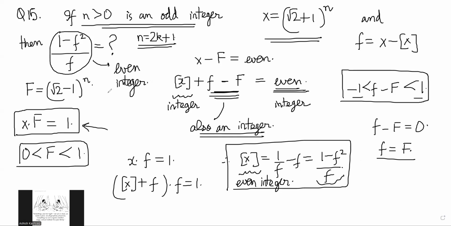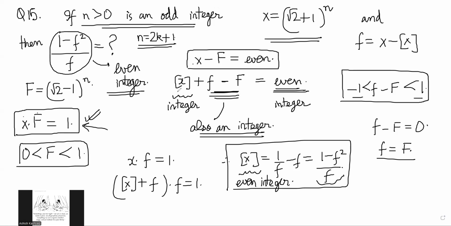I hope you follow the logic here. First thing to figure out was that product of x and capital F is this. Second thing was we subtracted the two series, x minus capital F. Here subtraction is better because n is odd, and when you subtract, you end up with x minus F being an even integer.